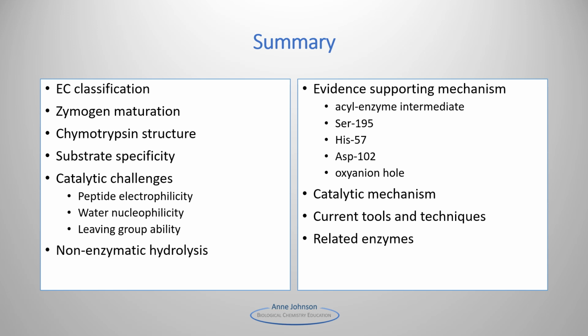We discussed some of the evidence supporting the catalytic mechanism, including the acyl enzyme intermediate, roles of serine 195, histidine 57, aspartate 102, and the oxyanion hole. Then we examined the catalytic mechanism of the enzyme. Finally, we talked about other ways to study the enzyme.